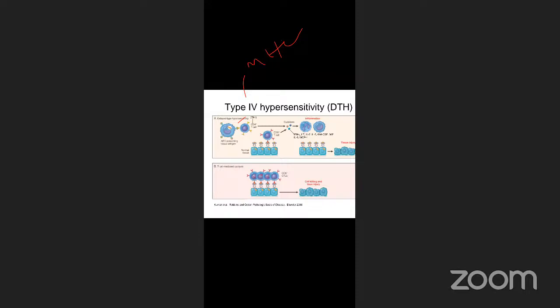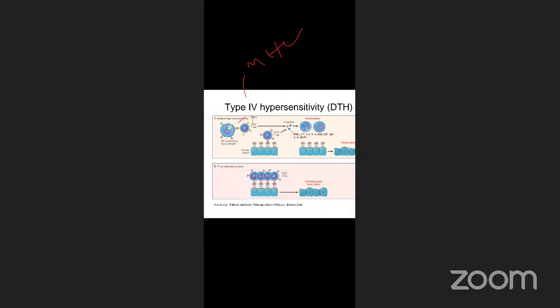The TH cell can bind with these three types of cells, and by taking information from the TH cell, those cells are activated and further enhanced.